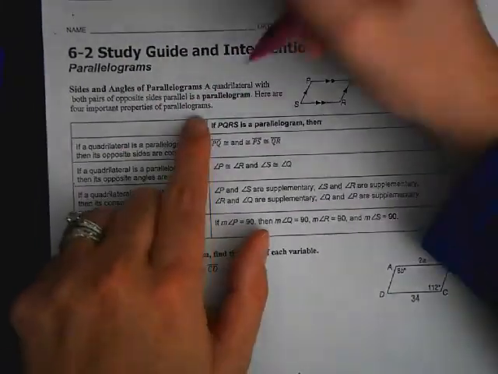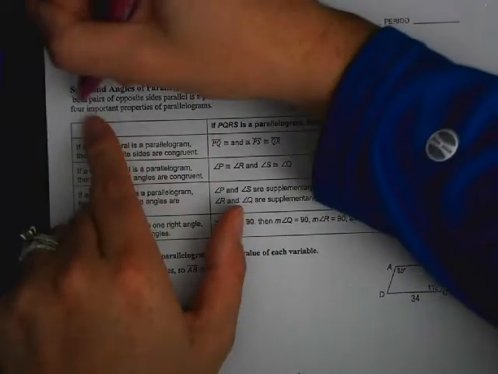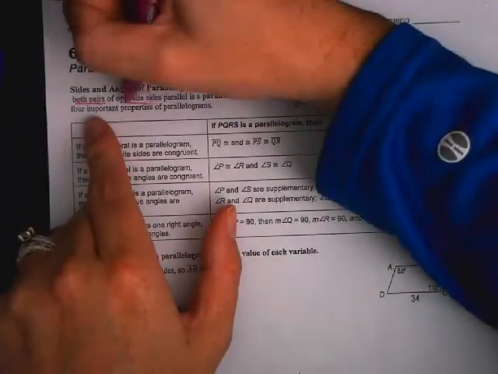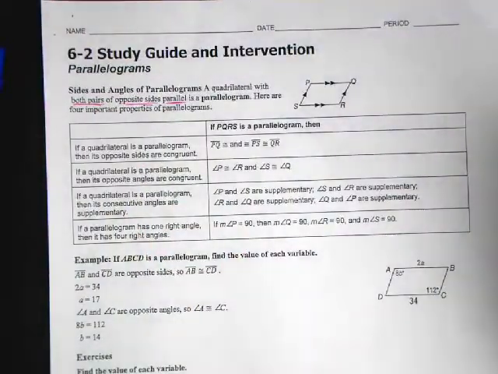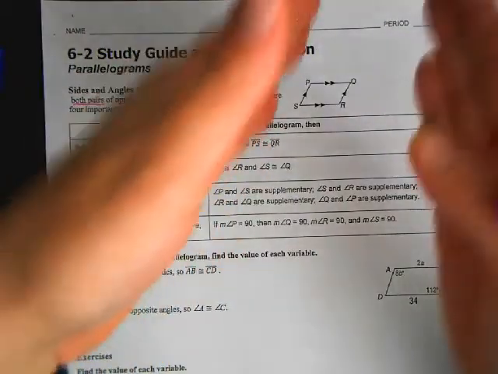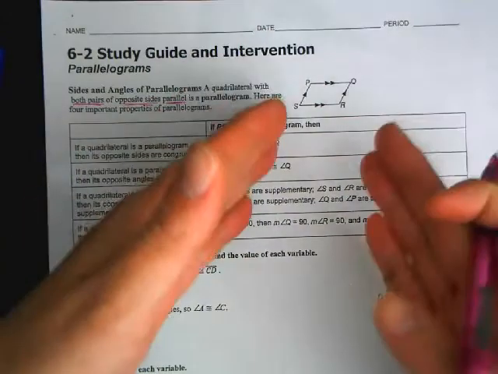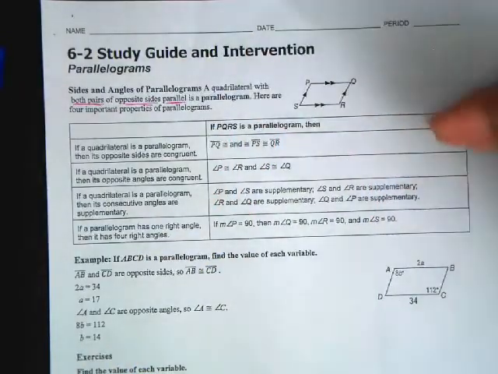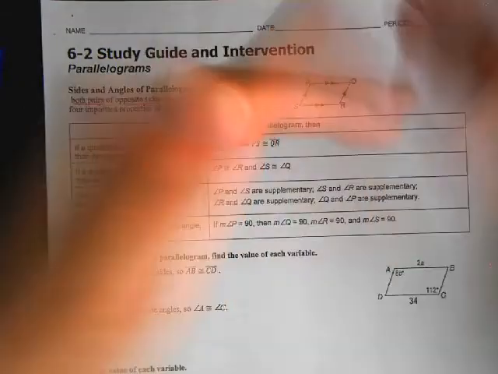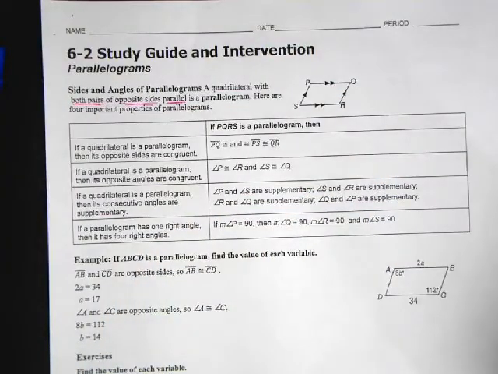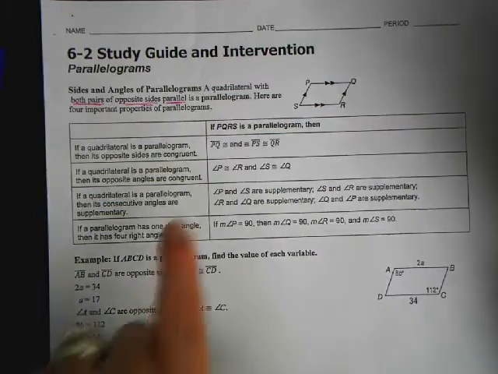Okay, so a quadrilateral with both pairs of opposite sides parallel is a parallelogram. So if you have any statement besides naming PS parallel to QR, PQ parallel to SR, if it says anything besides those two pairs of opposite sides parallel, you're not using the definition, okay? The definition is about the two pairs of opposite sides parallel, okay?